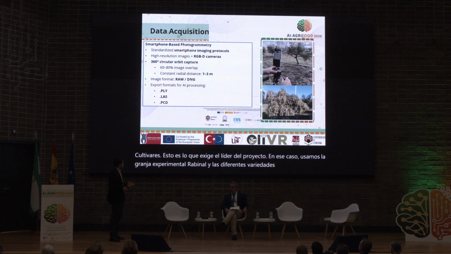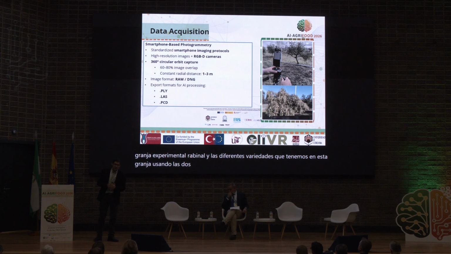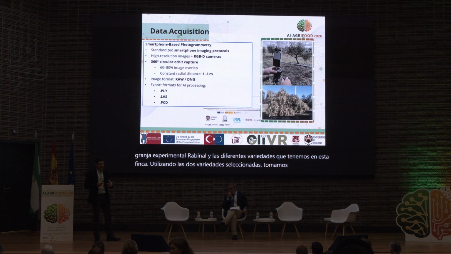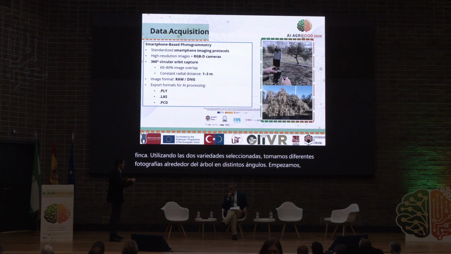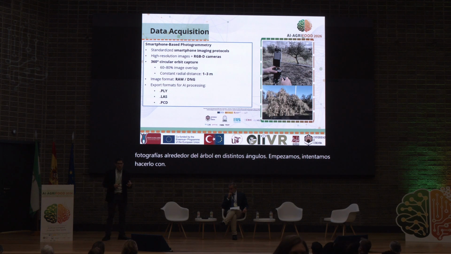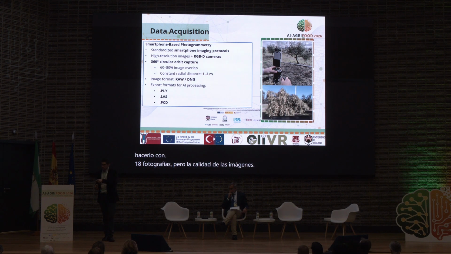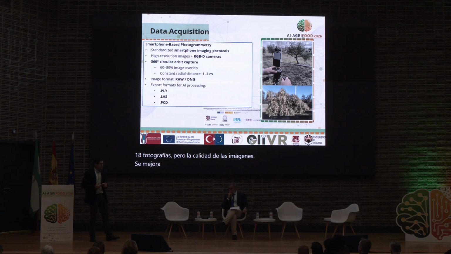Using the two selected varieties, we took different photographs around the tree at different angles. We tried to do it with 18 photographs, but the quality of the images is improved using 24 photographs distributed around the trees.